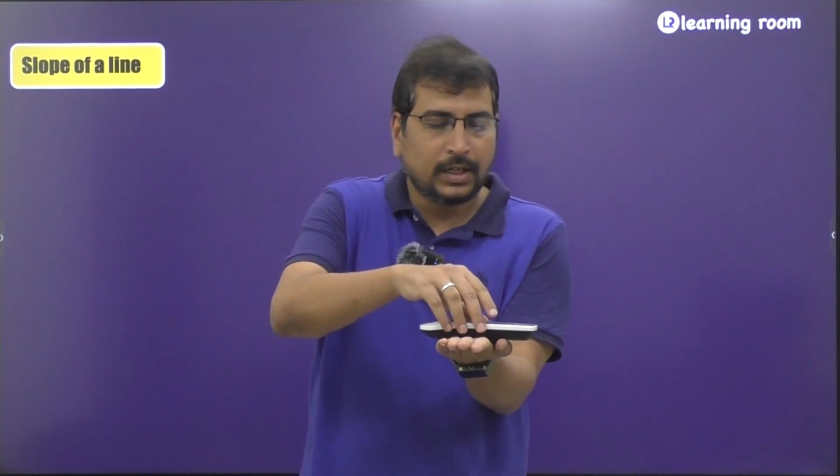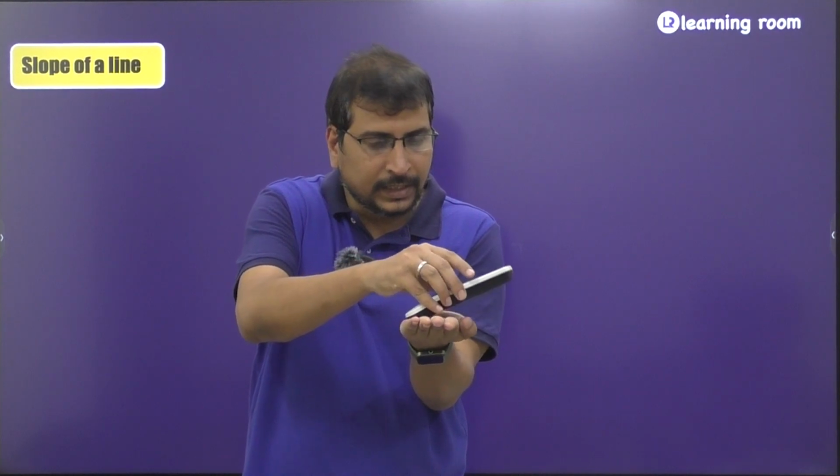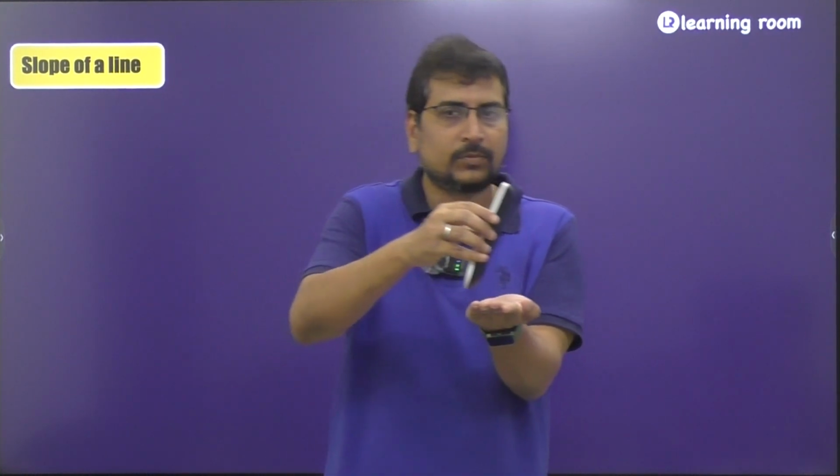If I incline this remote with respect to my hand, can you say that this remote is making some angle with respect to my hand? You're able to see an angle here, right?